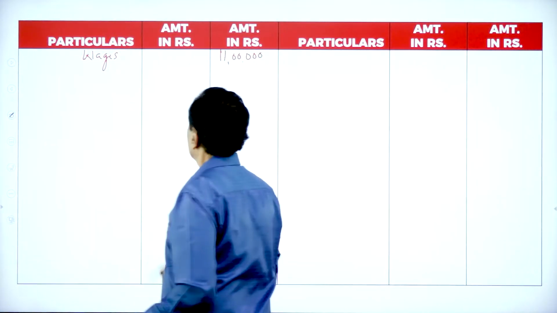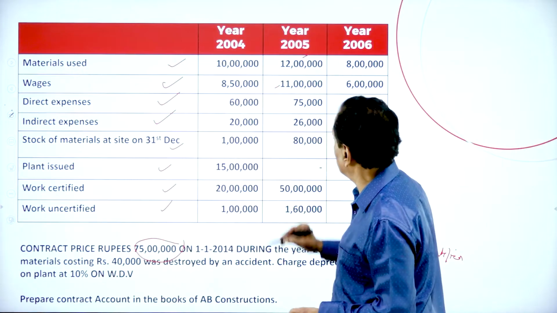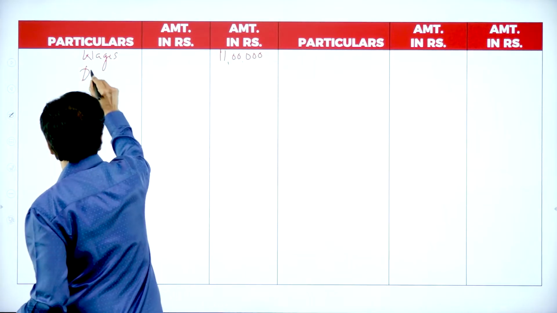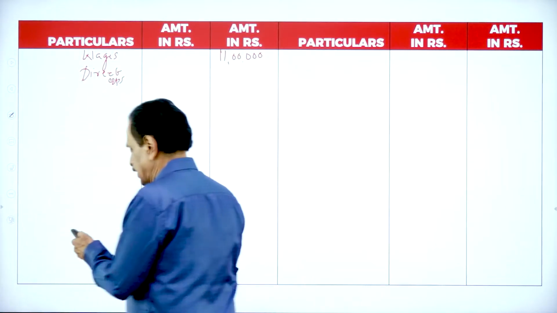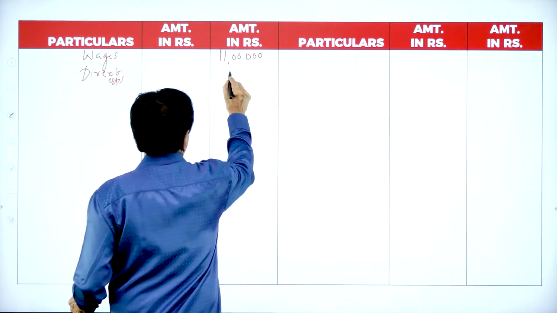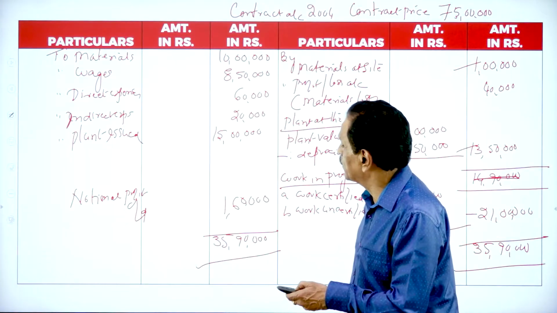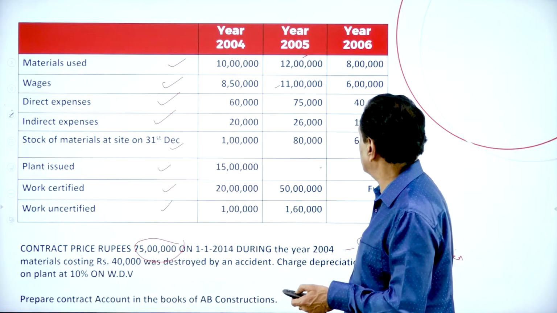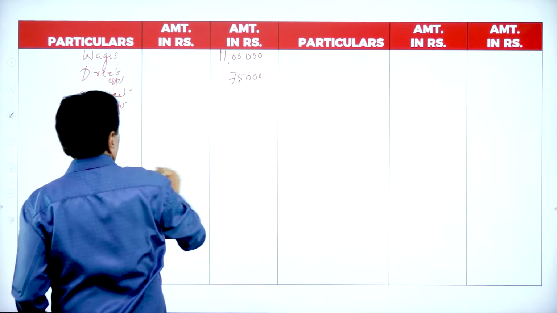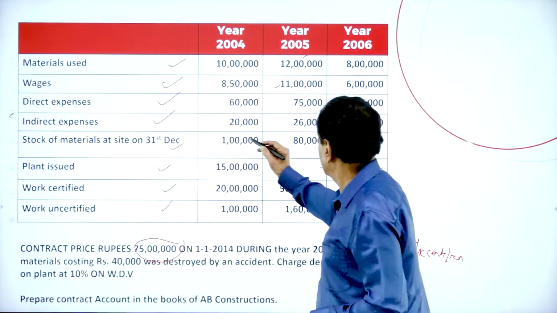What is the next one? Direct expenses, here direct expense is 75,000. What is the next one? Indirect expenses, 26,000. This is over.